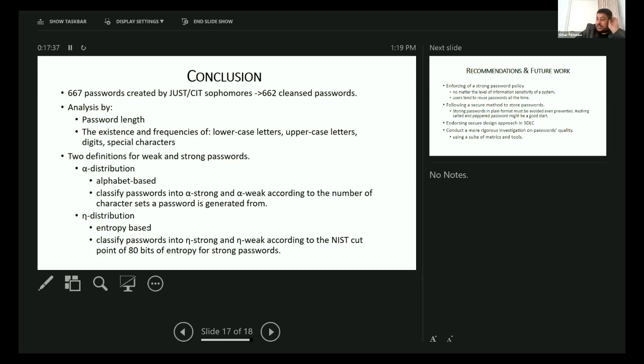We use a threshold cut point of 80 bits per password to classify eta strong from eta weak, while in alpha we say that if a password belongs to 3 sets, it will be considered alpha strong.